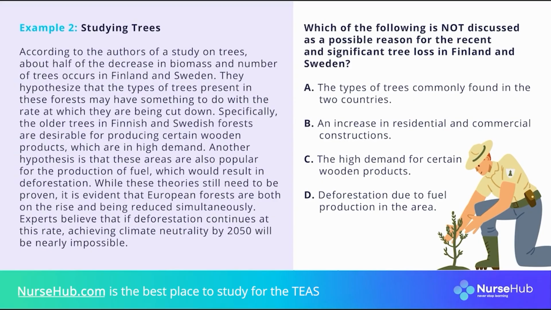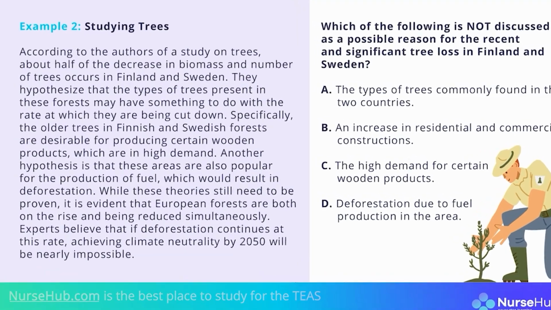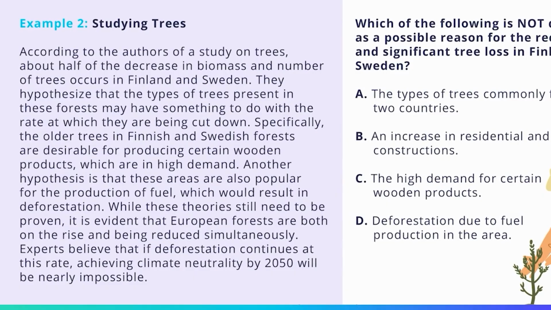Let's go ahead and read this passage next to be able to see if we can answer the question. According to the authors of a study on trees, about half of the decrease in biomass and number of trees occurs in Finland and Sweden. I see these two details already.